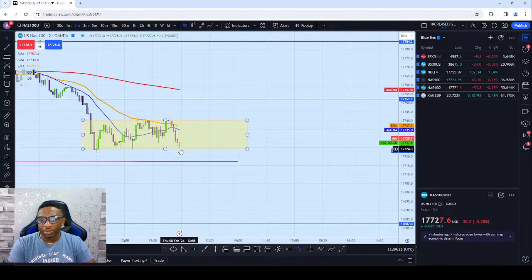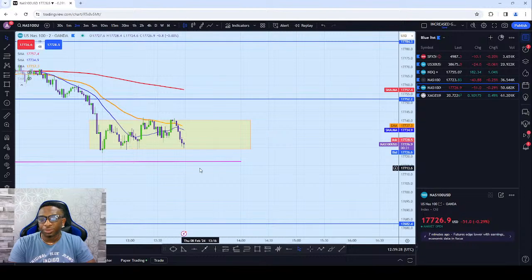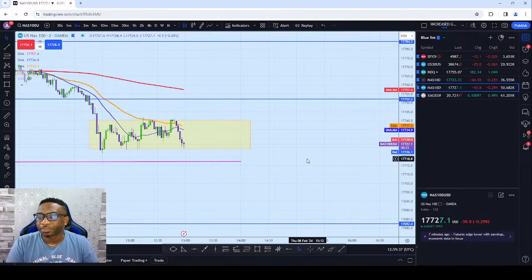See, as it came to this zone, it's trying to push up again. So you might do this until maybe the US market opens in the next 1 hour 30 minutes.